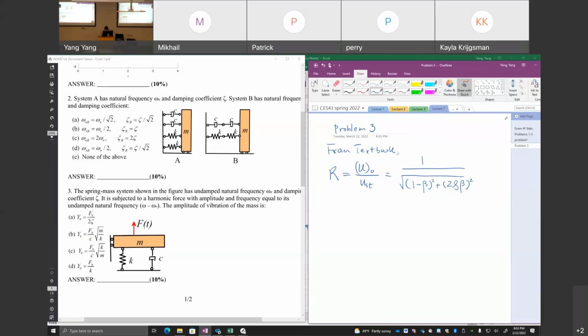So what is the beta here? Actually, beta is equal to omega over omega n. Omega is the frequency of the force.